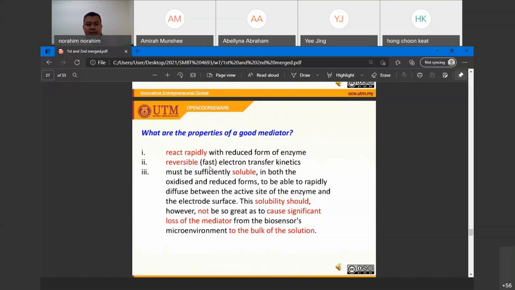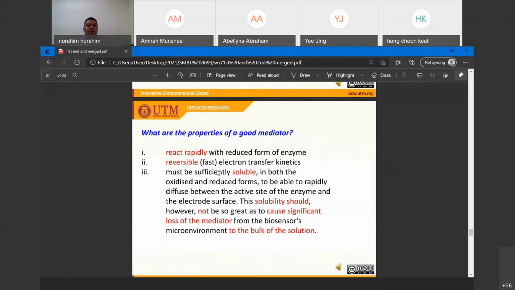Remember, last time when we did voltammetric techniques, I told you that for a system to be recognized as reversible, the potential difference between one peak and another peak must be in the range of 59 or 60 millivolts. Remember that? Look at your notes if you don't remember.